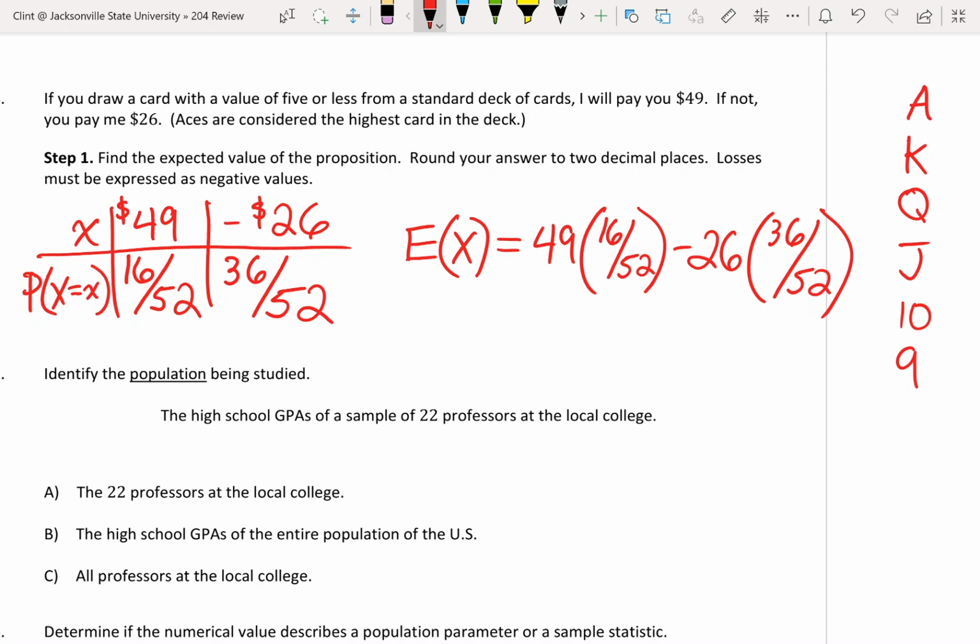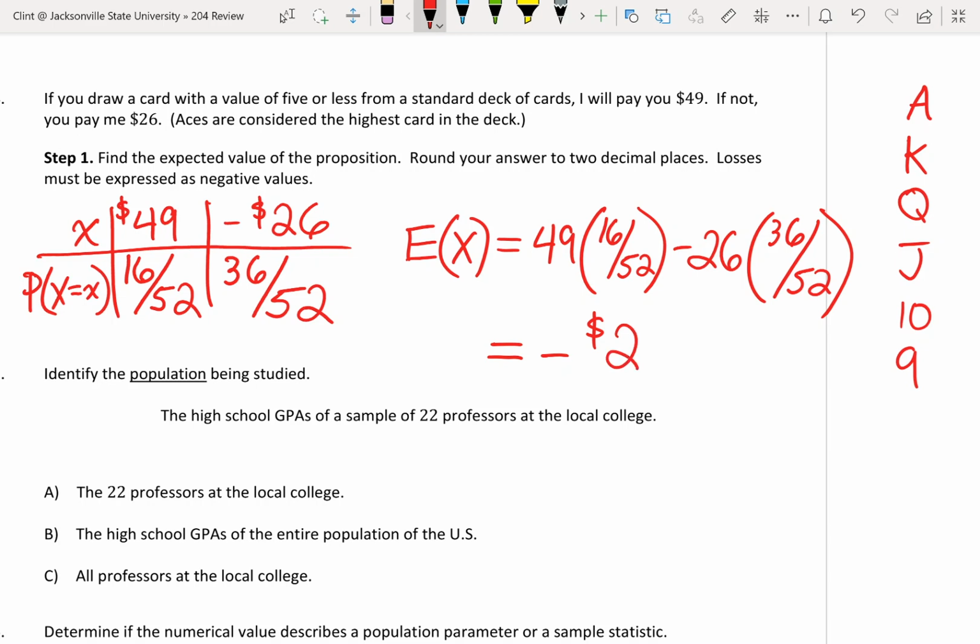See what we get there. I should have brought my good calculator. Somebody punch it with me if you've got yours, so we'll make sure we get the same thing. I got negative.